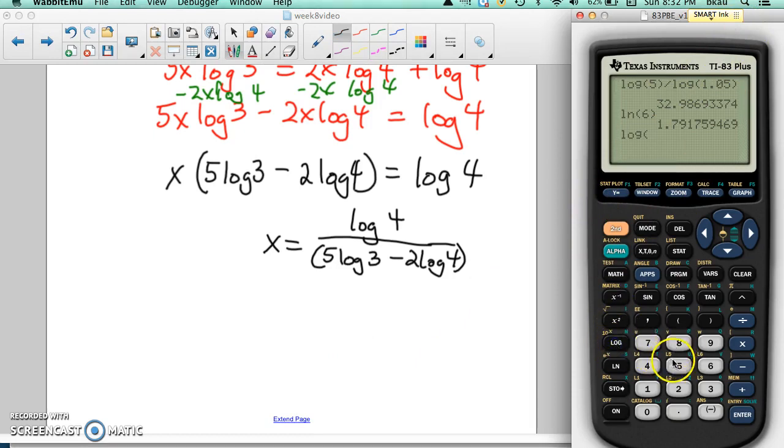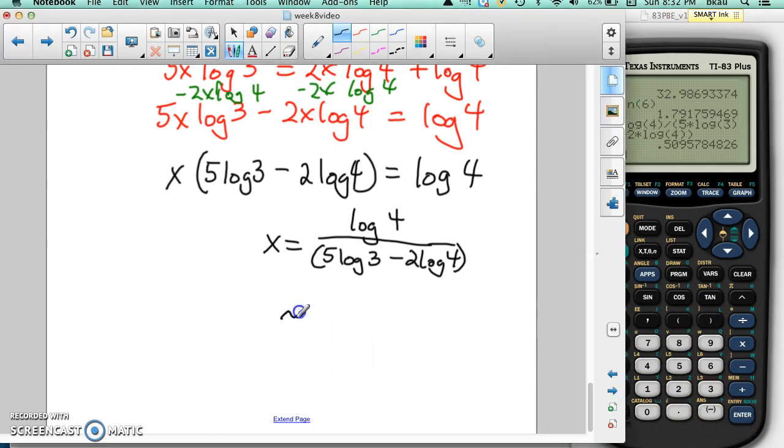Log 4 divided by parentheses 5 times the log of 3 minus 2 times log of 4. We need two parentheses down there to get the whole parentheses. So this, I say, is about 0.510 if we round up.